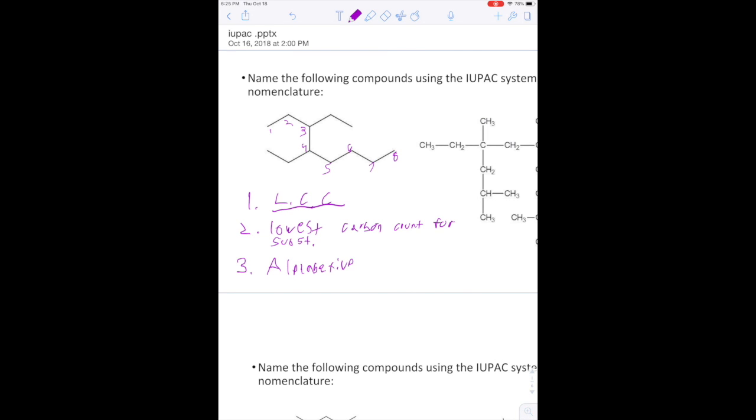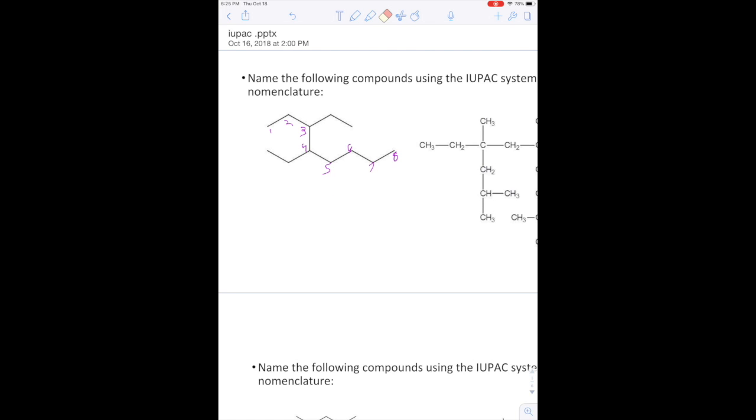And this is in order to find the alphabetize. My vocabulary here. Excuse me, it's late at night today. You will have to alphabetize them. Jot that down real fast and I'll erase it. Throughout this video, these rules are crucial in determining the longest carbon chain when it comes to IUPAC.